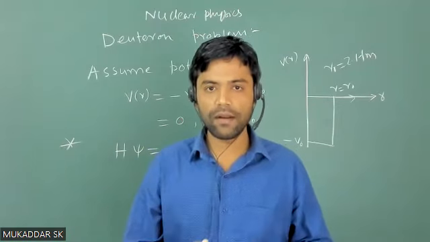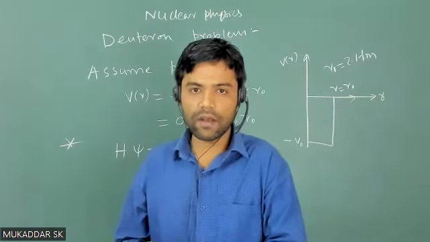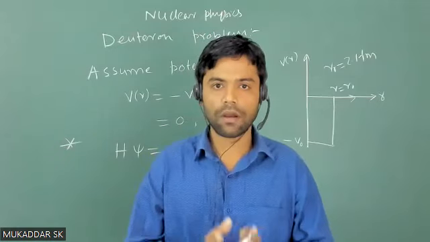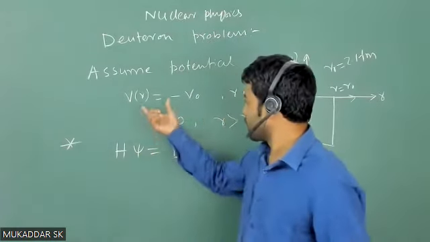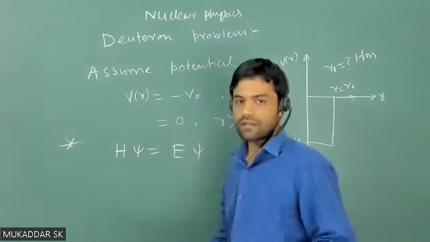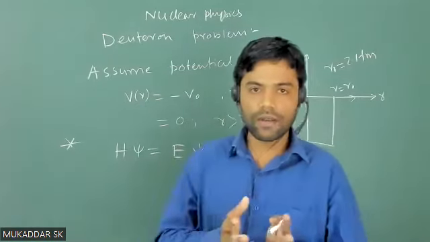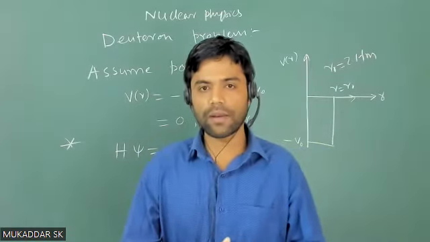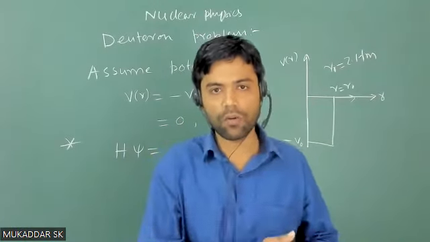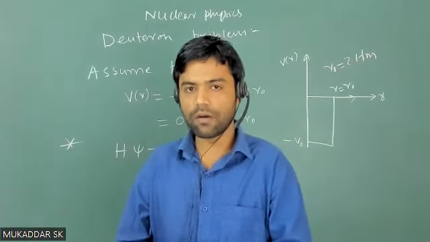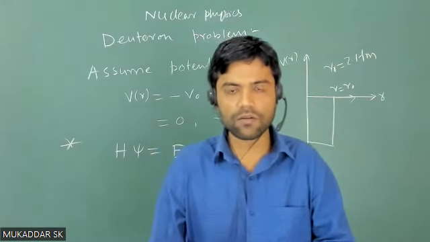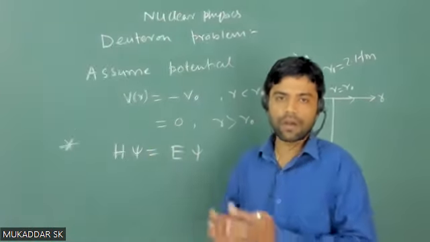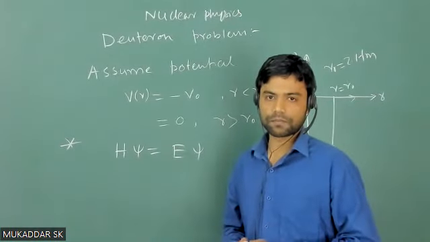And if you remember, the energy eigenvalues actually depend upon the R component of the wave function. So the reason behind taking centralized potentials is that you can easily separate the R, theta, and phi components of your wave function, and your energy eigenvalues will depend upon the R component.